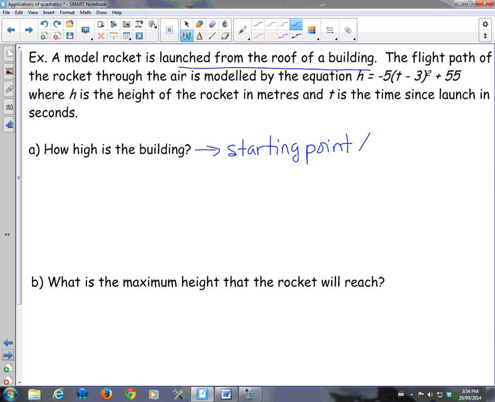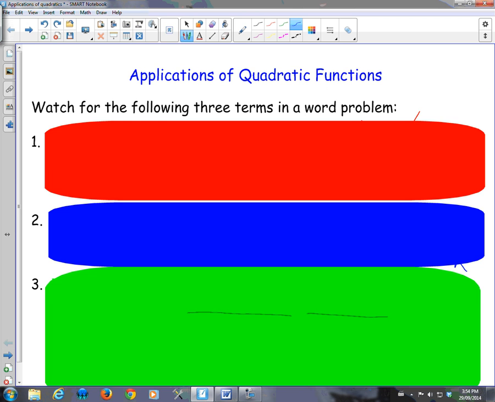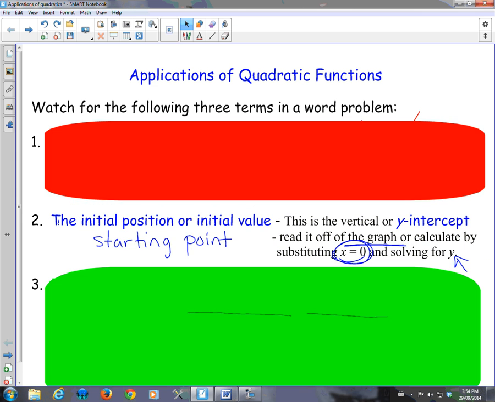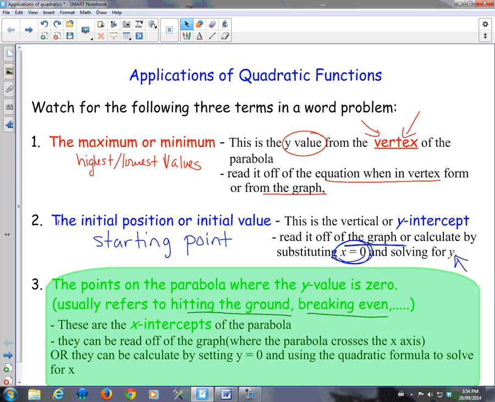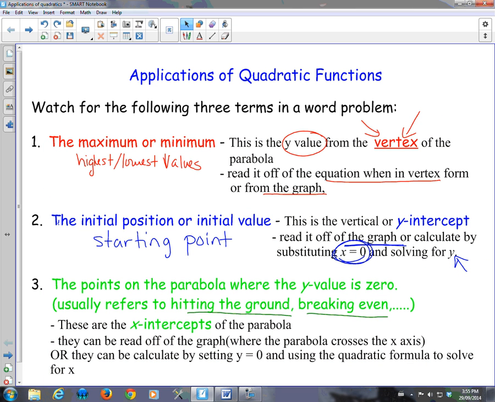And the starting point is another word for initial value. We talked about that previously. Our 3 key things: the initial value or the starting point is the y-intercept.